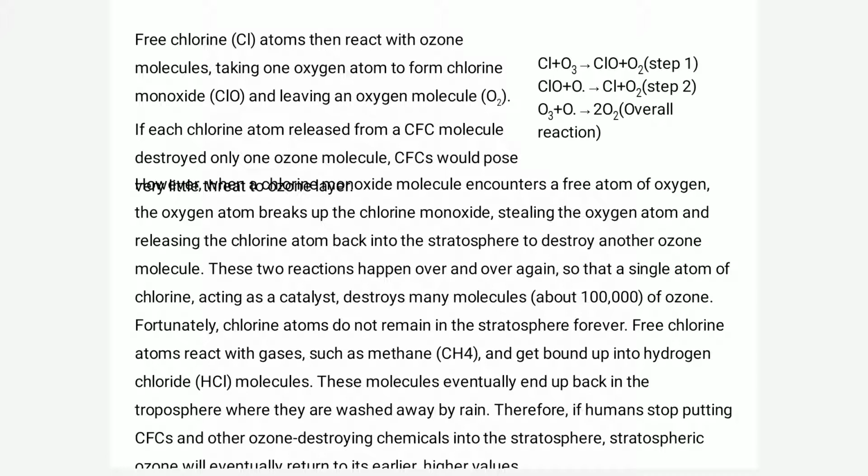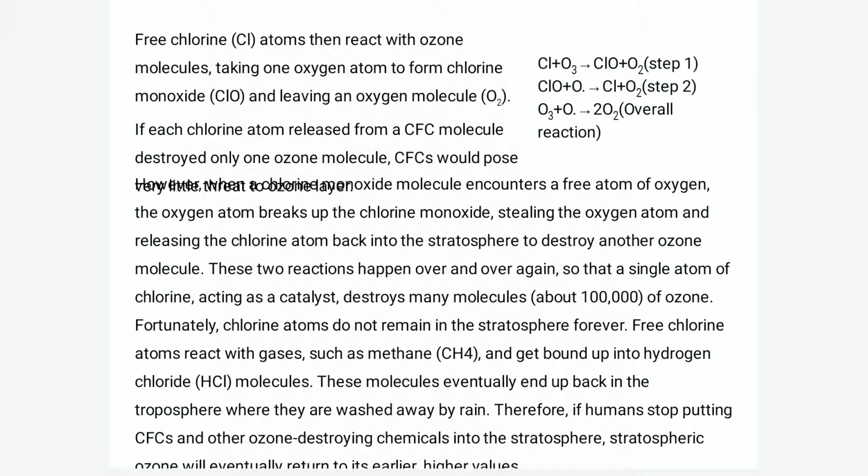If the reaction stopped here then it wouldn't be a problem, but what happens is that an oxygen atom breaks up this chlorine monoxide, stealing the oxygen atom and releasing the chlorine atom back into the stratosphere to destroy another ozone molecule.